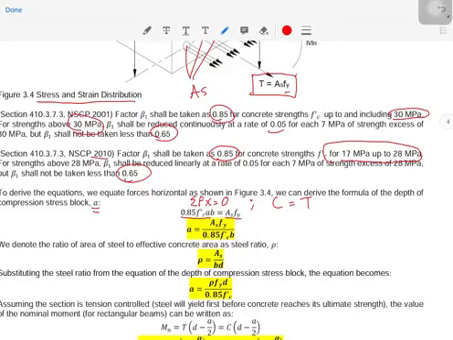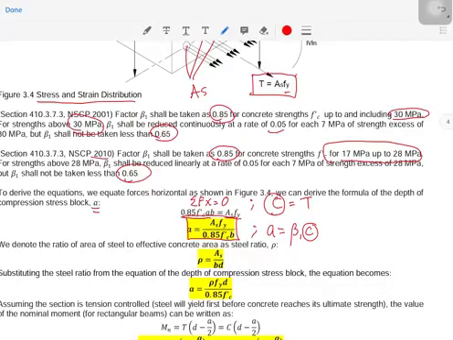Therefore your formula for the depth of the compression block is equal to As times fy over 0.85 f'c times b, the width of your beam. Okay, so aside from having the basic formula, which is beta 1 times c, take note that the c value is not equal to this a here, no?